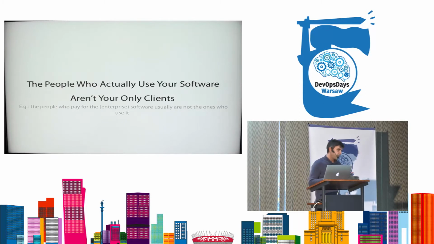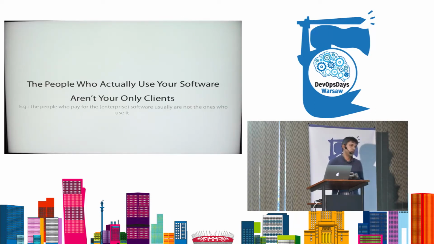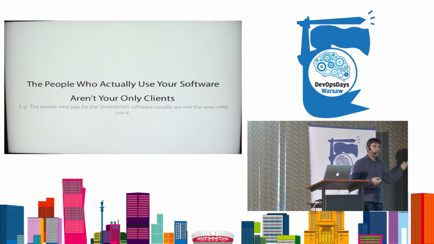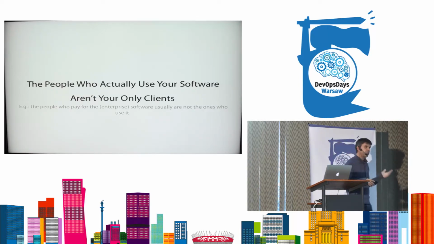And in our case, and probably in many of your cases, the people who really are using your software are not your only clients. In our case, developers are obviously one of our stakeholders. Operations guys are one of our stakeholders, but there are many different ones.